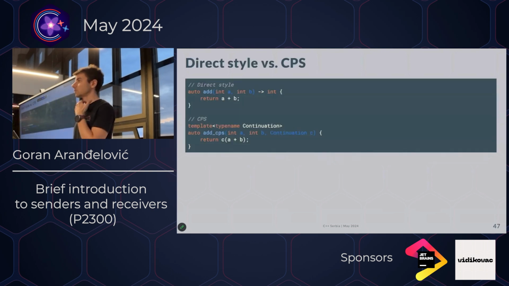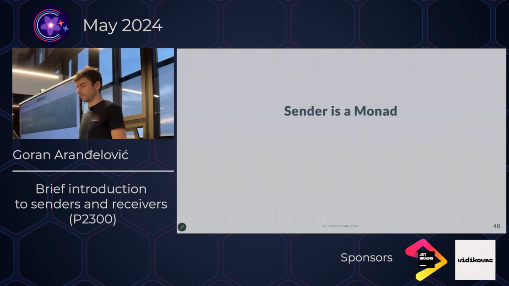This could be an example of continuation passing style. So you do not return a value from a function, you just pass a continuation, and then the result of the operation itself you pass to that continuation.